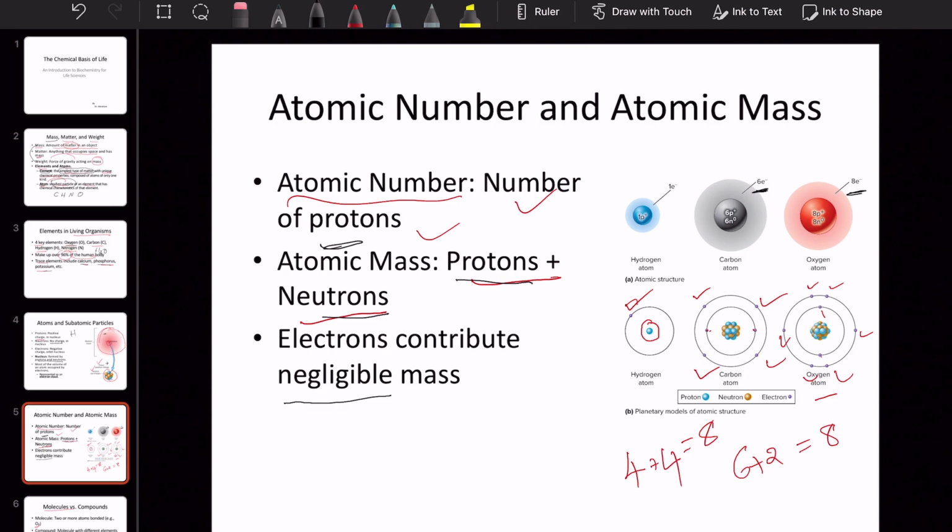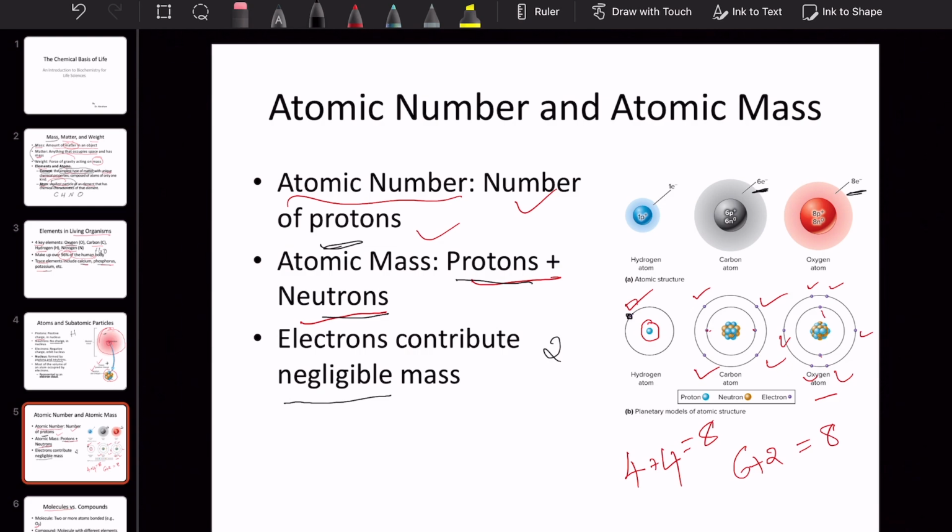This is how they are arranged. For example, hydrogen has one proton inside the nucleus and one electron outside. The first orbit should have two electrons to stabilize the atom, so it is only one right now.